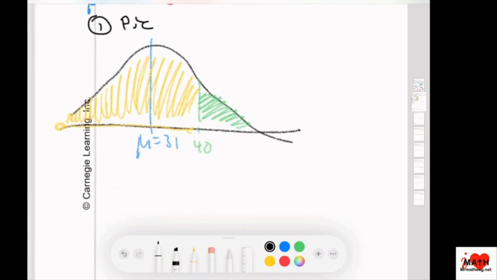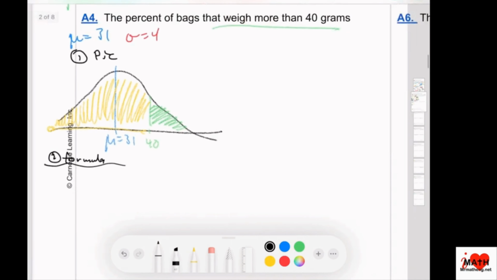So step number 2 is to use a formula. Z equals x minus the mean over the standard deviation. So the mean was 31, standard deviation was 4, and then the value we need is 40.